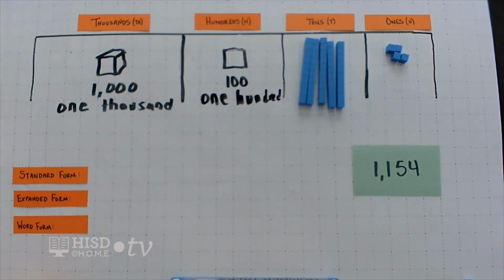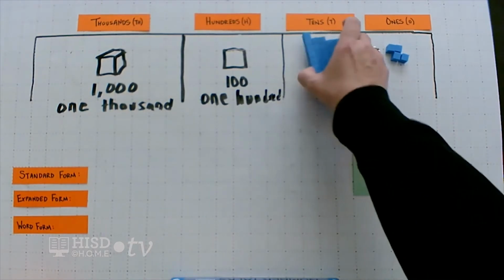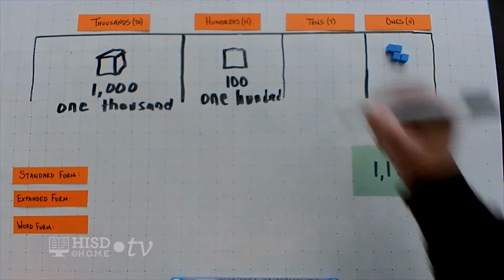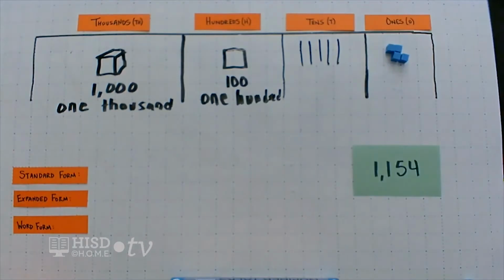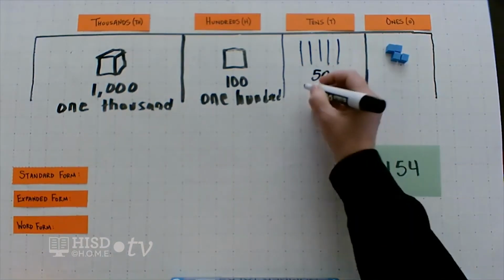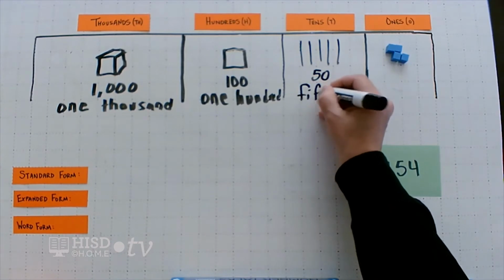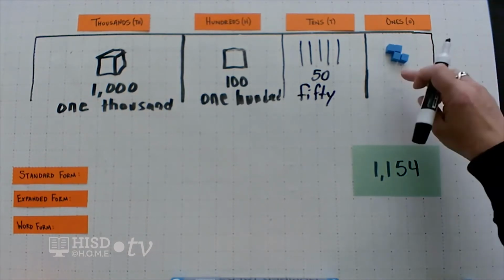In our tens position, I see that I have 5 groups of 10, and each group of 10 has a value of 10. So we have 10, 20, 30, 40, 50. So let's pull those away, and we will represent the 5 groups of 10. It has a value of 50, and we can write the word 50. When we get to the ones place value, once again we see 4 units.